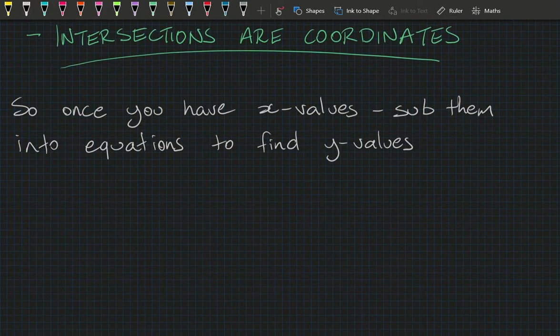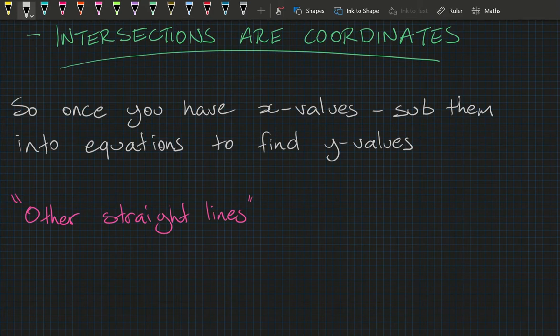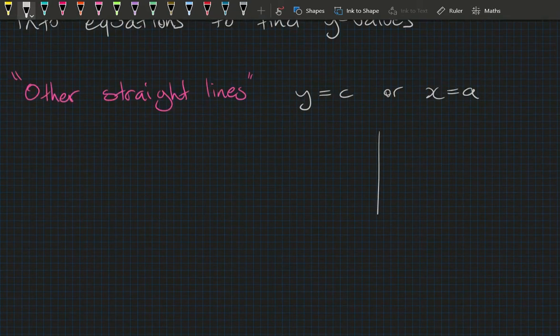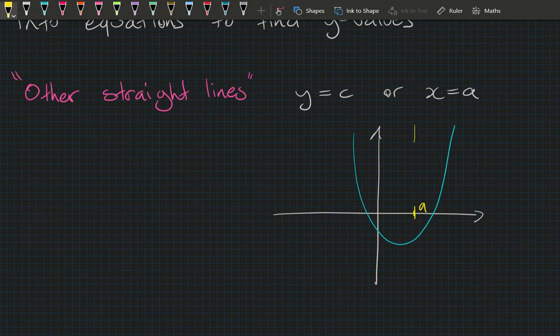So there are some other straight lines to think about, and these are y equals c or x equals a. Okay, so our variable is just equal to some constant. So if I was to draw them with a parabola, then we have x equals a as a vertical line, and y equals c is this horizontal line.